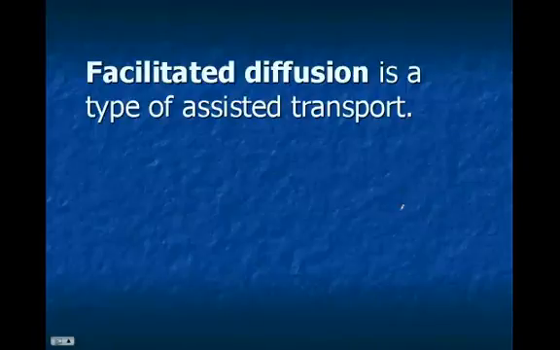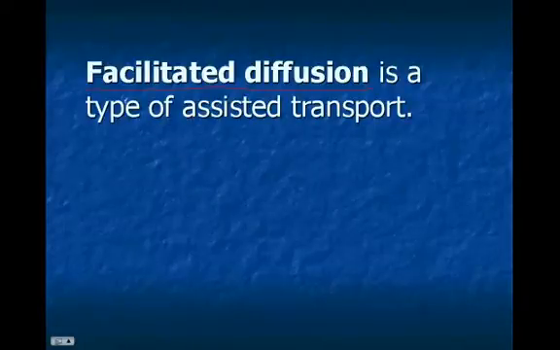This is where I know there's a lot of terminology, so I'm going to try to go slow here. When we talk about membrane transport and carrier-mediated transport, there were two types of carrier-mediated transport: active and passive.